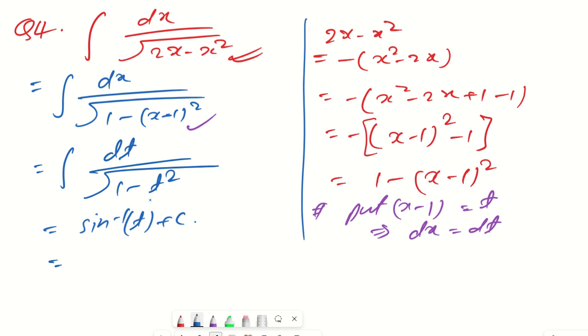And this t can be replaced again by x minus 1. So we are going to get sine inverse of x minus 1 plus some constant c. So hope you have a complete understanding of how to solve this kind of questions. Let me take one more problem and then we will solve this.